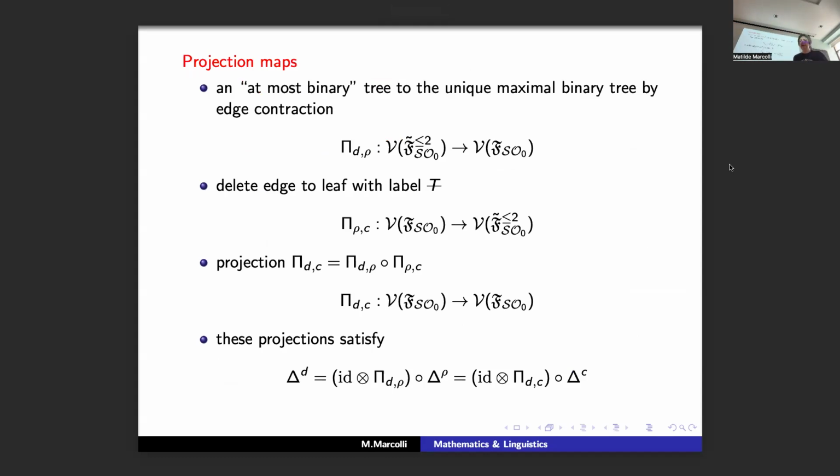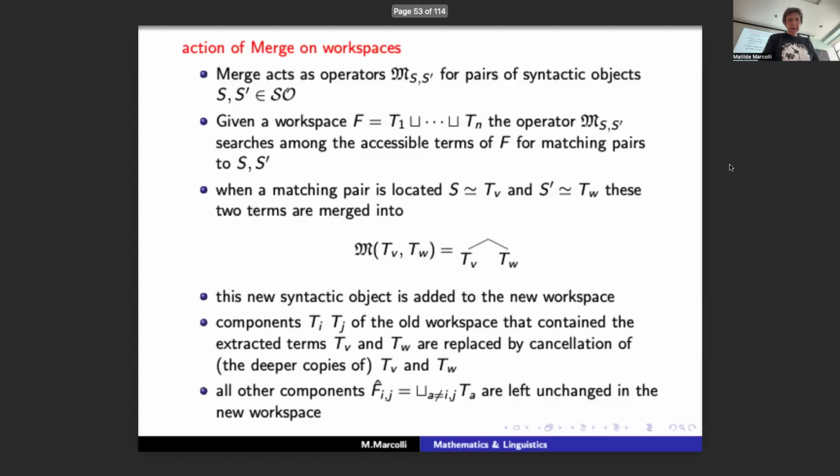And of course, as I said, there are various projection maps that relate these different quotients, and the different coproducts are related by these projection maps.